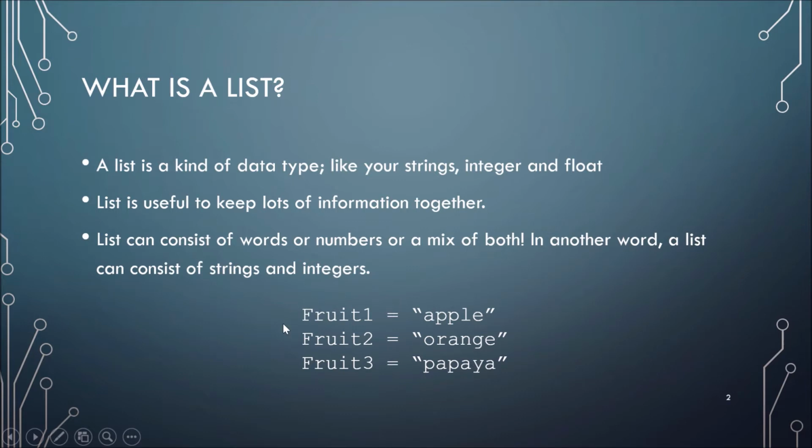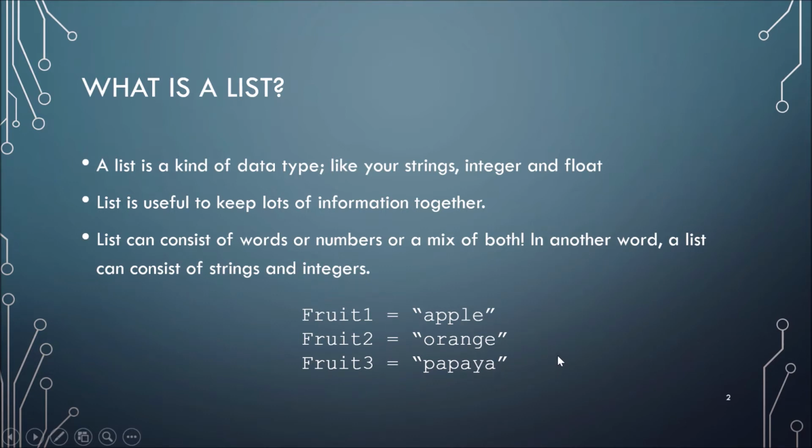Now in this example here, I've got 3 variables with 3 different values. It would be quite tedious for me if I were to have 10 or 20 variables. So imagine I need 10 or 20 fruits, to list 10 or 20 items.